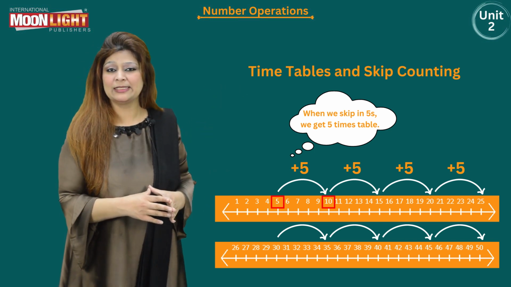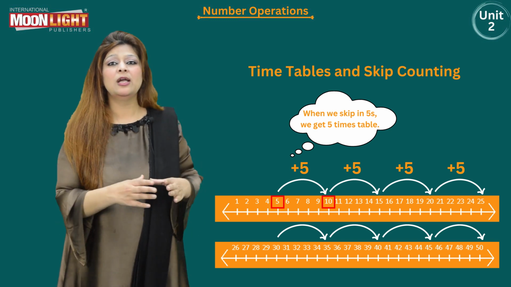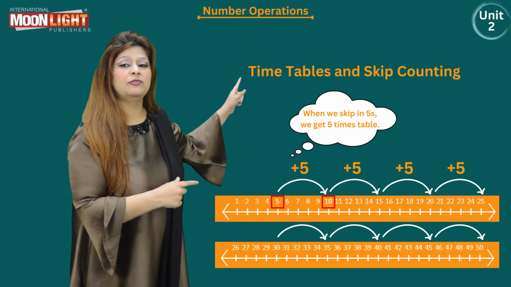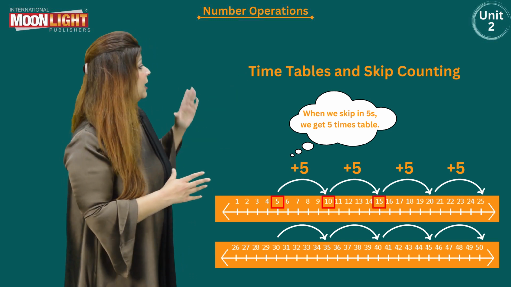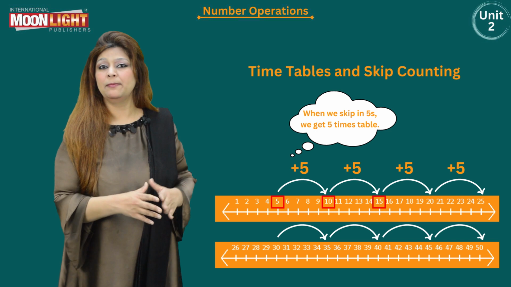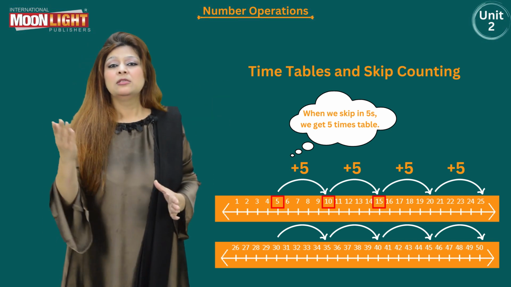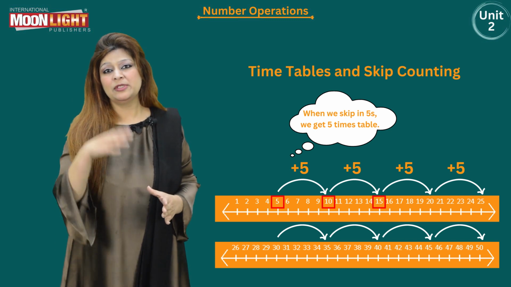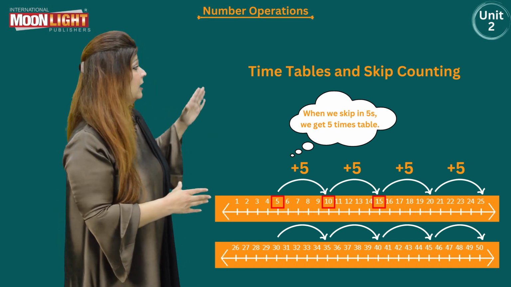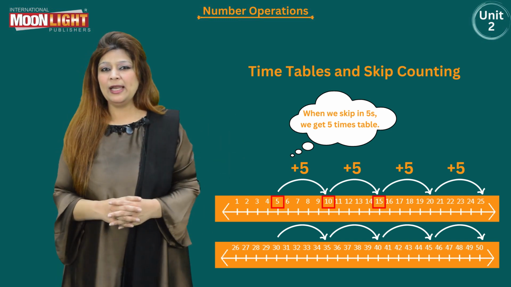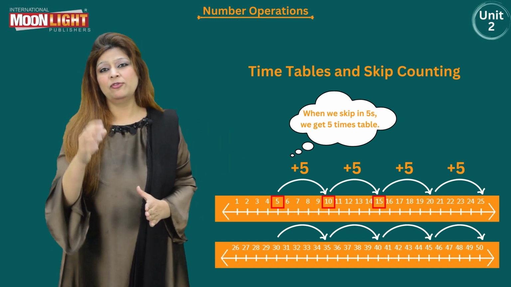Now what next? What about the third jump? The third jump is, you can check, 11, 12, 13, 14, 15. So my third jump will be on the number 15, by adding the number 5 or by skipping 4 numbers. That is 5 3s are 15. Now next is my fourth jump.